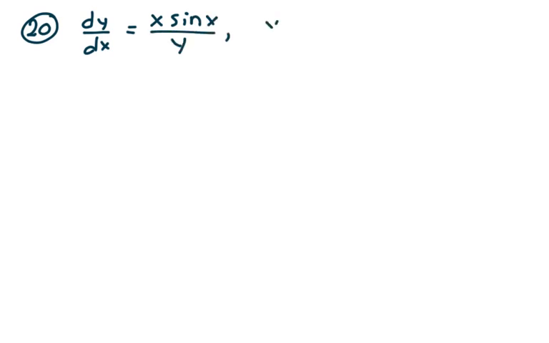If we take a look at 20, suppose dy/dx is equal to x sine x divided by y. And it says y of 0 is negative 1. So when x is 0, y is negative 1.